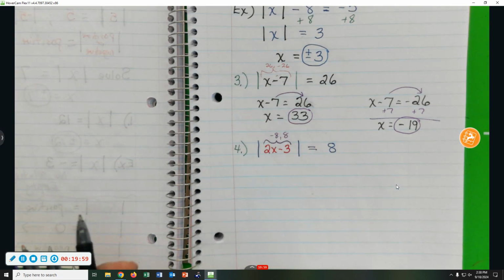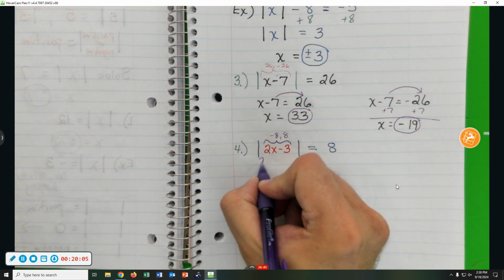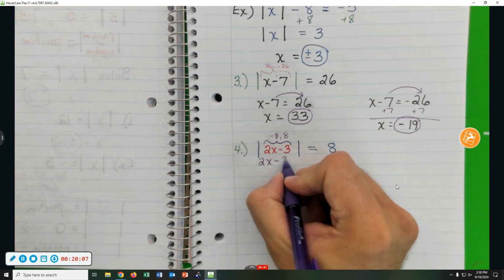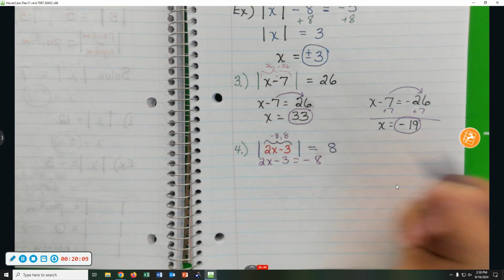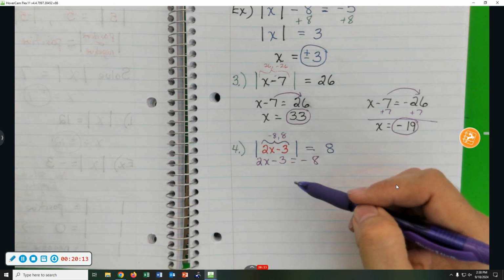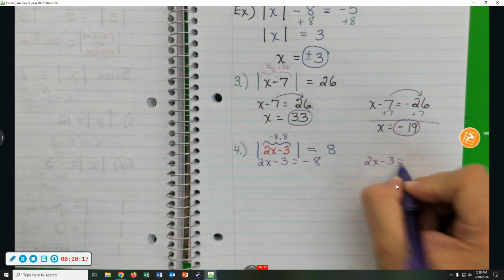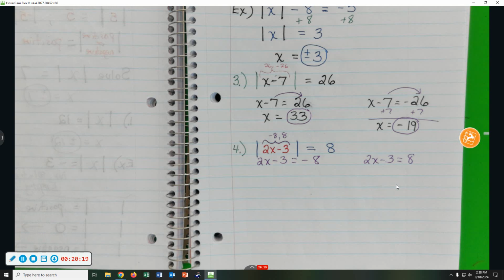So take what's inside there, set it equal to negative 8, and set it equal to positive 8. Or if you want to set it to positive, it doesn't matter which one you do first. Okay? And then just isolate the x.